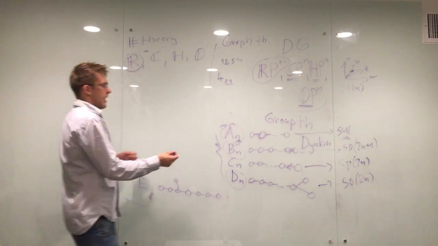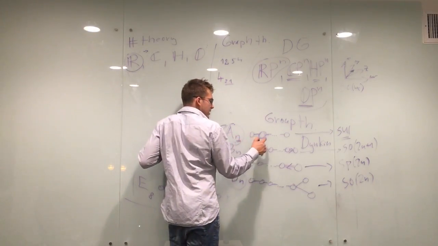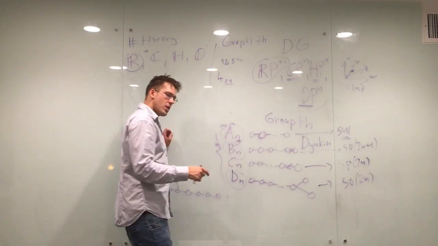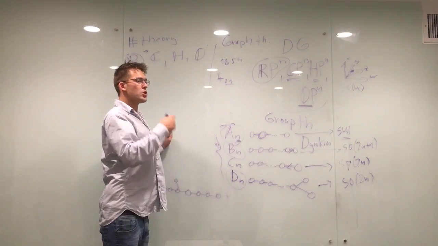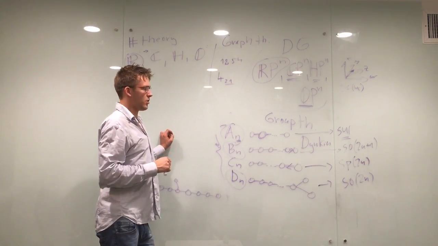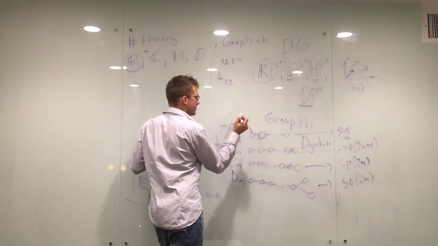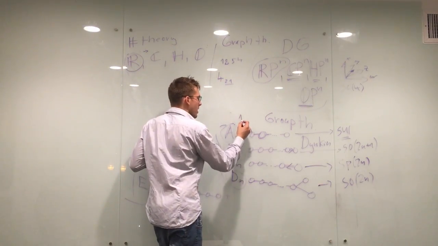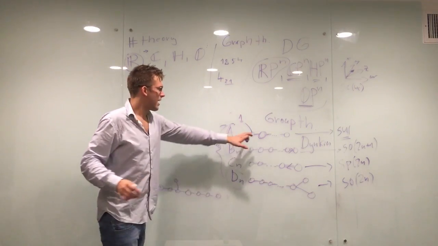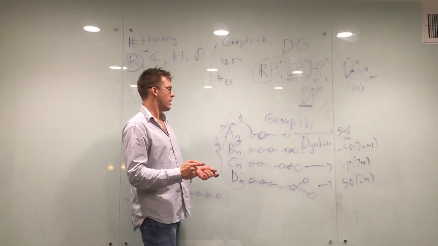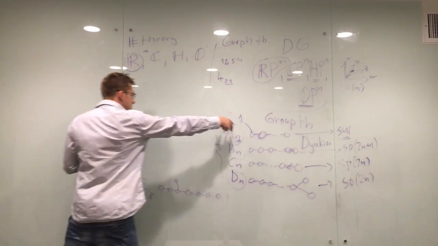Because every node in the Dynkin classification of algebras corresponds to a certain irreducible representation of the algebra. So if I take this node and assign 1 to it, I'm going to have the fundamental or the vector representation of the algebra. So let's not talk about AN.